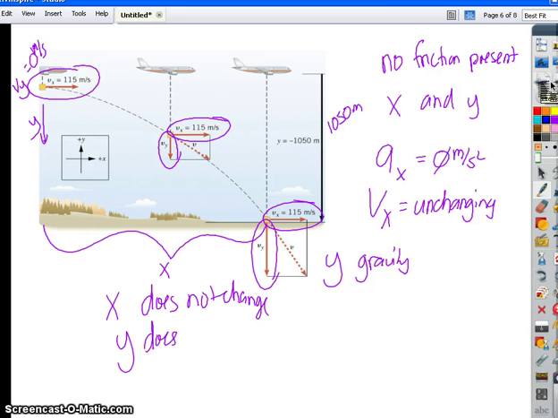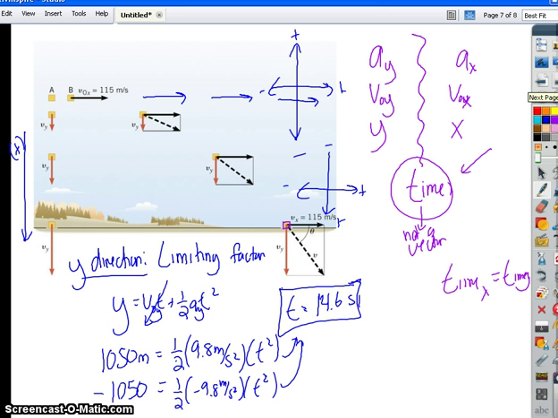It was moving 115 meters per second in the x, but then it started accelerating in the y. So we used the y direction and gravity to figure out how long it was going to fall for. If we know how long it's going to fall for, and we know how fast it's going in the x direction, then we know how far on the ground it's going to travel in the x direction.